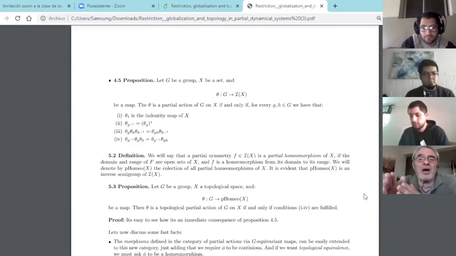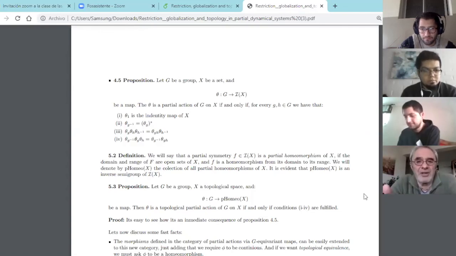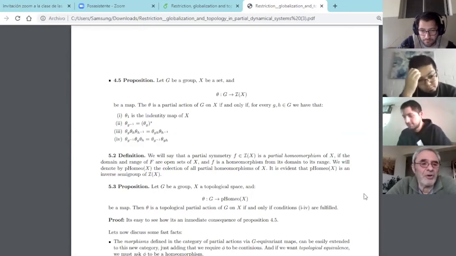Inverse semigroups are weaker than groups, but they act by equalities of mappings. So this is very close to the initial definition of a partial action, but not the same, and it will appear over and over again at the level of Hilbert space representations, where you will have isometries and so on and so forth.